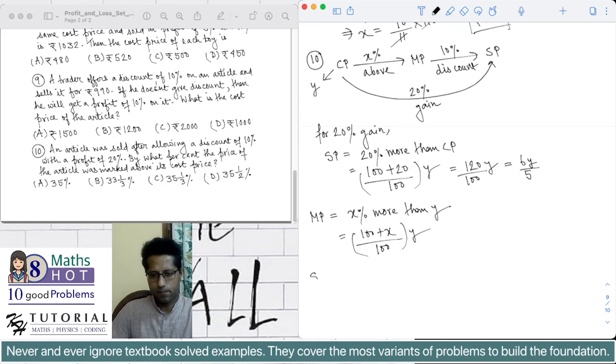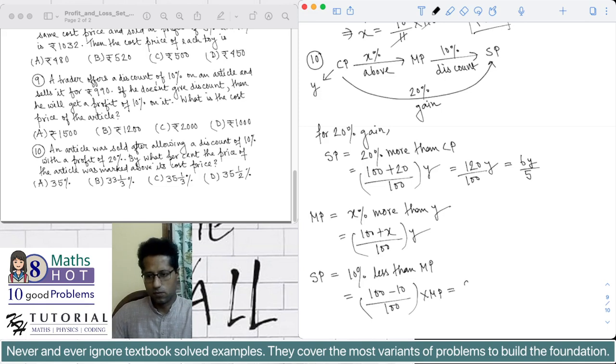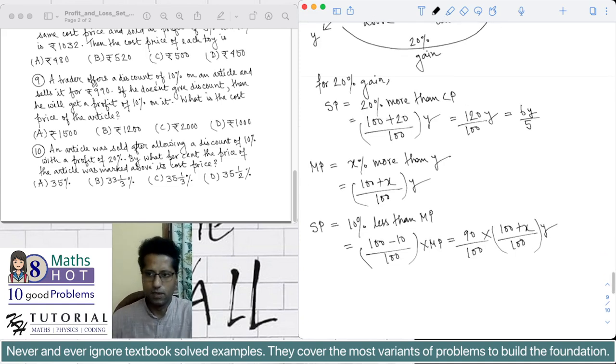So we can say that SP will be equal to 10% less than mark price, which is equal to 100 minus 10 divided by 100 multiplied by mark price. This is equal to 90 by 100 multiplied by mark price, which is 100 plus X divided by 100 multiplied by Y. Now we will equate these two SPs as they are same.